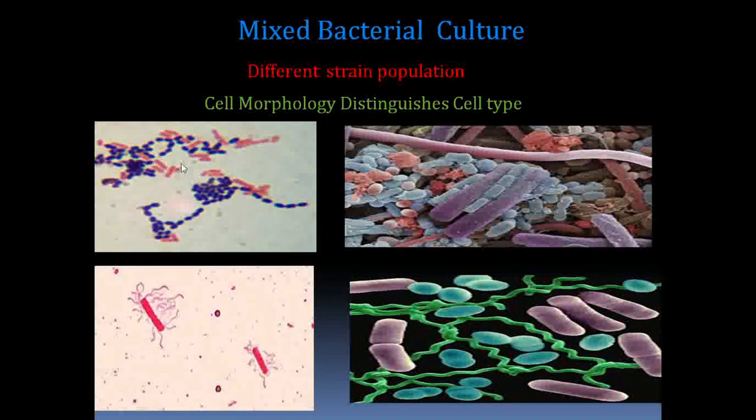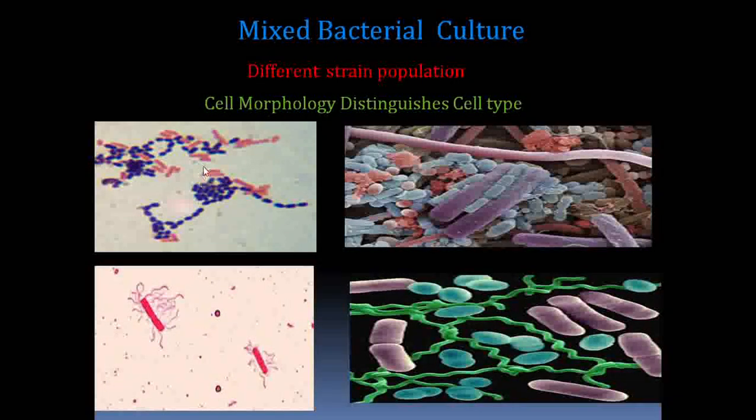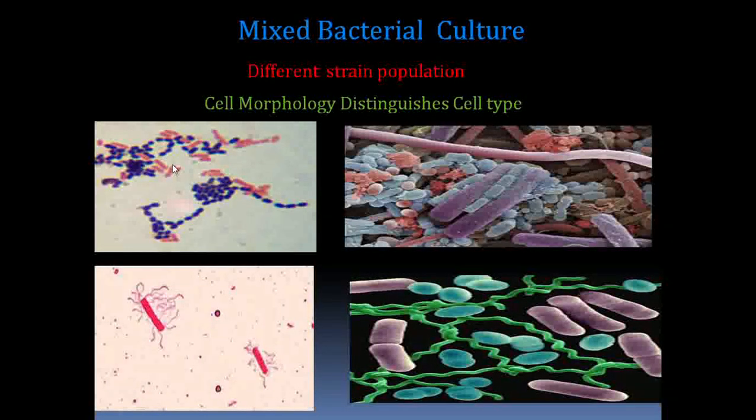Here you can see one has taken up a pink color and the other has taken up crystal violet. On that basis I have differentiated. So this is one strain and this is another strain. So it is a mixed population. It is not a pure form. For gaining a pure form, we need to perform certain techniques that we will be dealing with later.